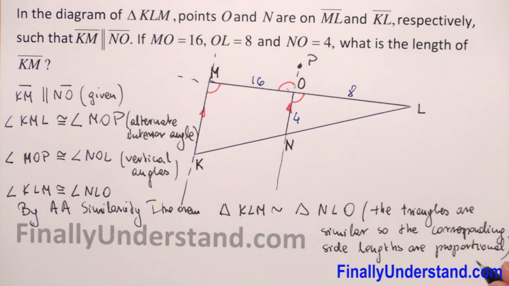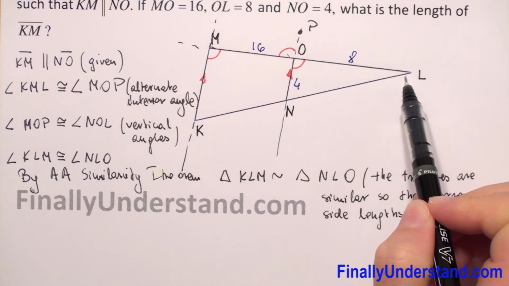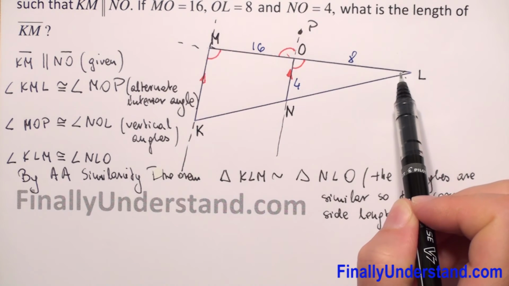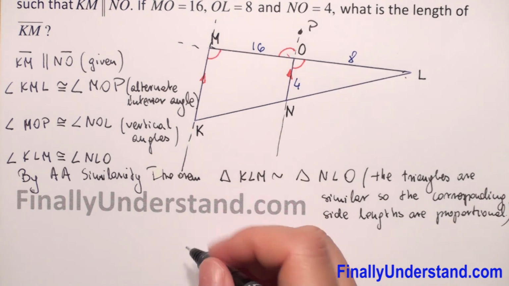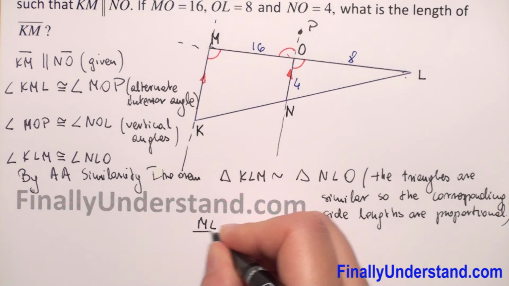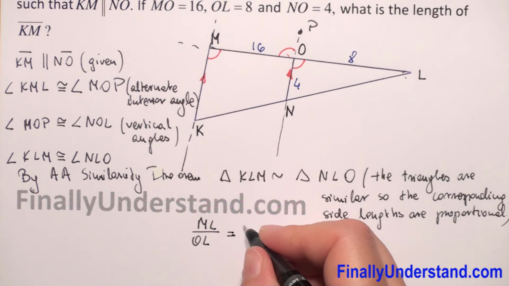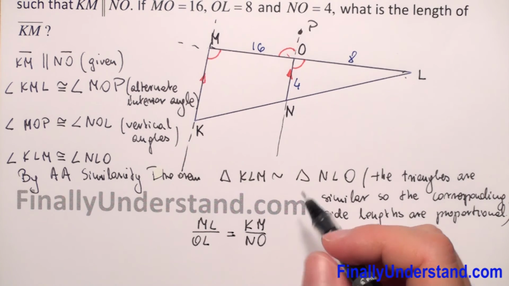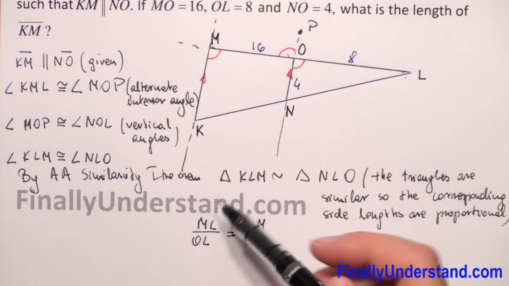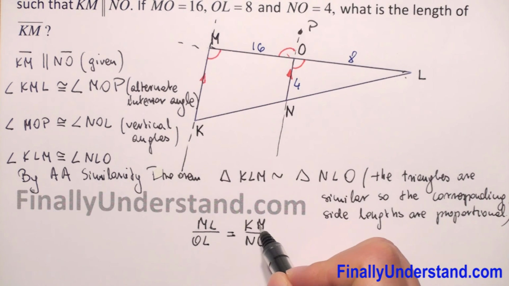So we can write that ML segment to OL segment is equal to KM over NO. So we have that ML to OL is equal to KM to NO. When we start from the longer side in the numerator on the left side, we have to put the longer side in the numerator on the right side.